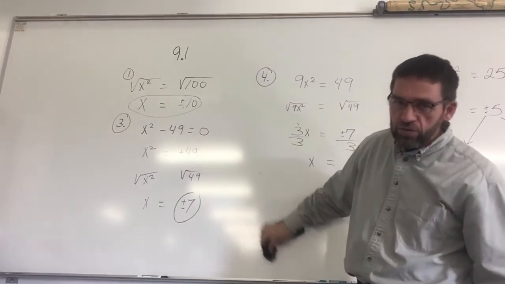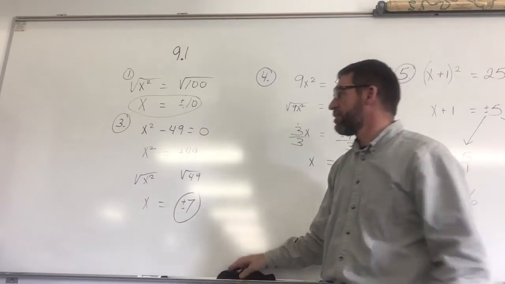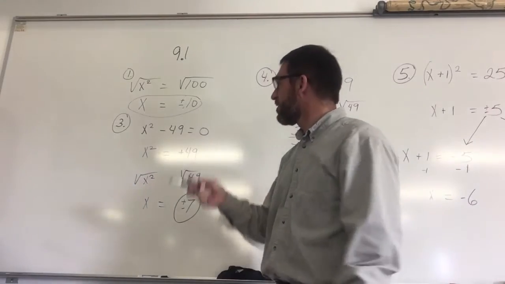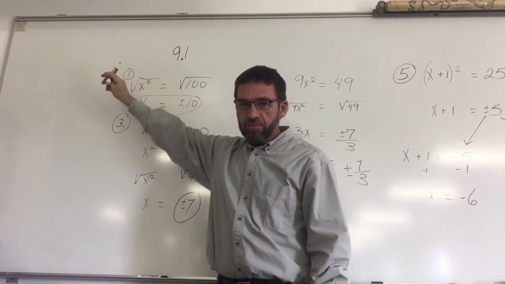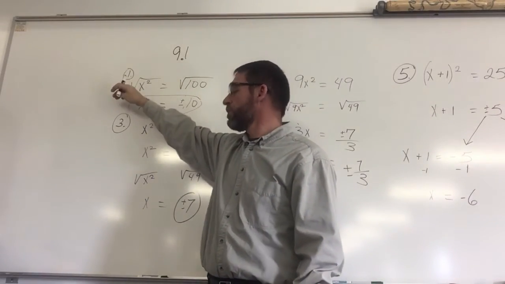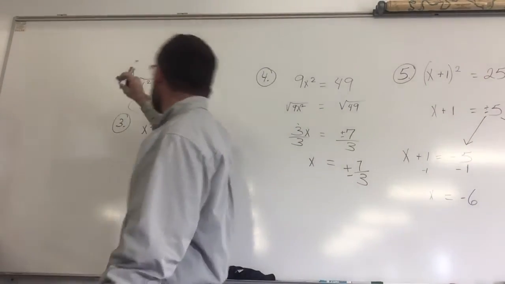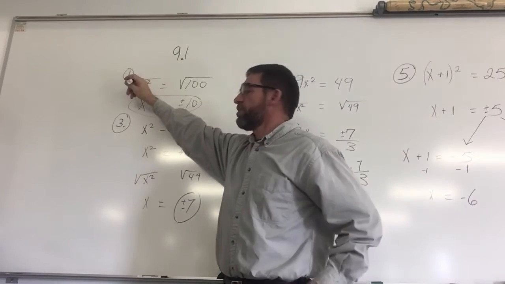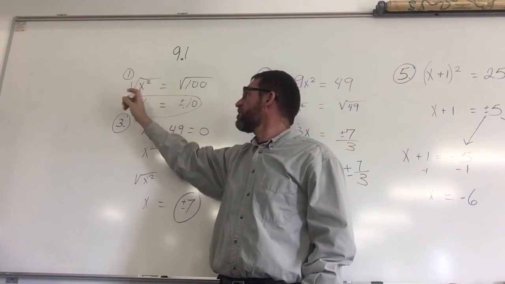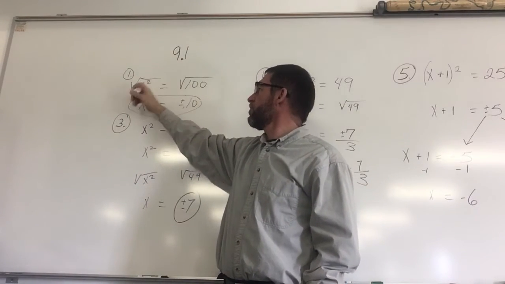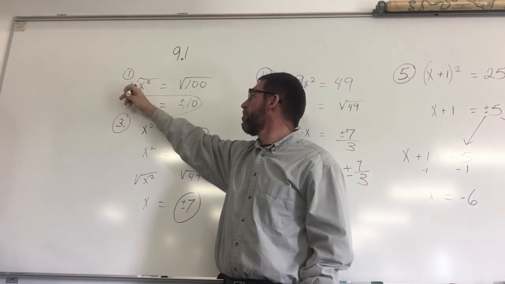Now, why am I telling you this? Because this is extremely important. So problem 1 of 9.1, if you are on page 417: what you do on one side, you need to do on the other side. X squared equals 100, so I just put the square root right on top of that one.